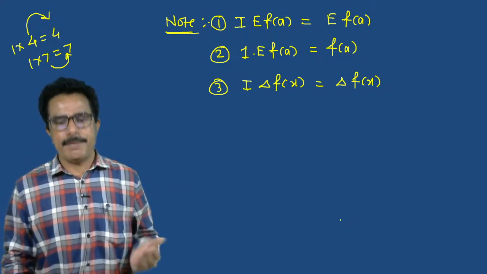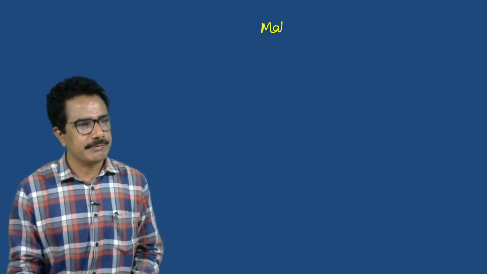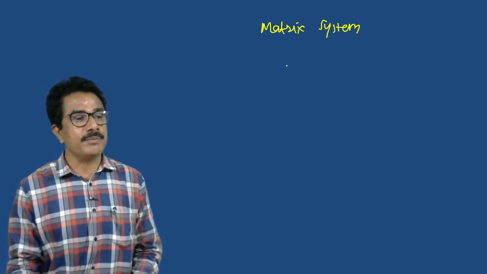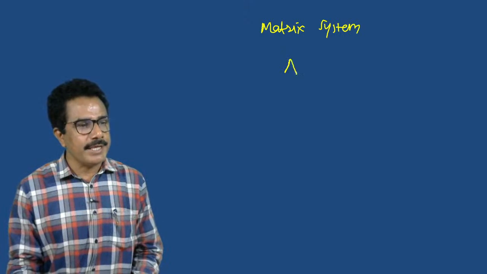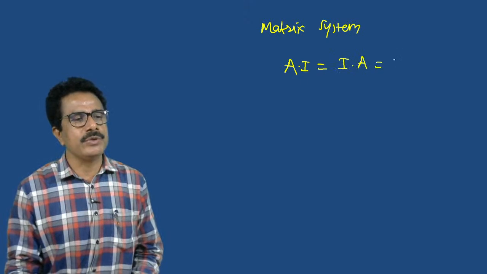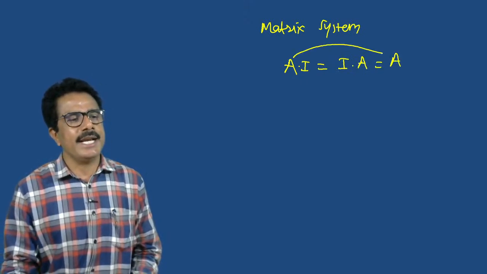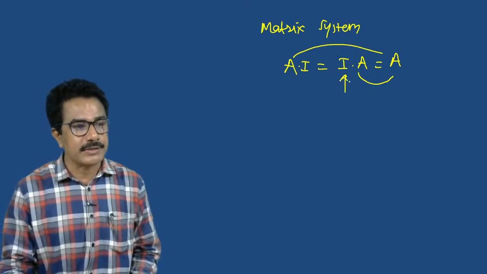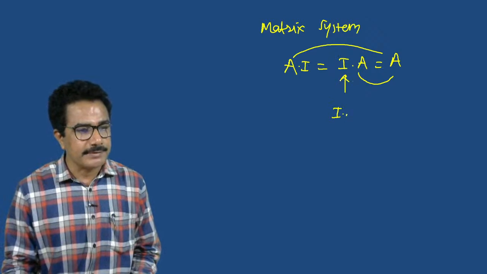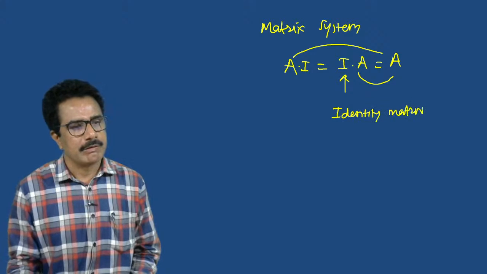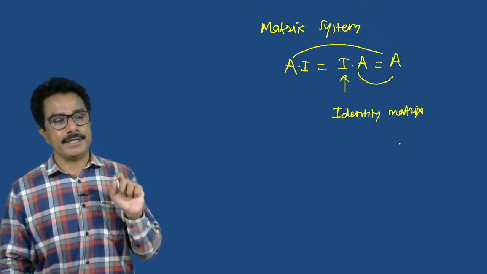now see in the matrix system, I is called identity matrix. You know that in the matrix system I is called identity matrix because I into a, or a into I, gives a as the result. That means if I is multiplied with a, or a is multiplied with I, a remains.